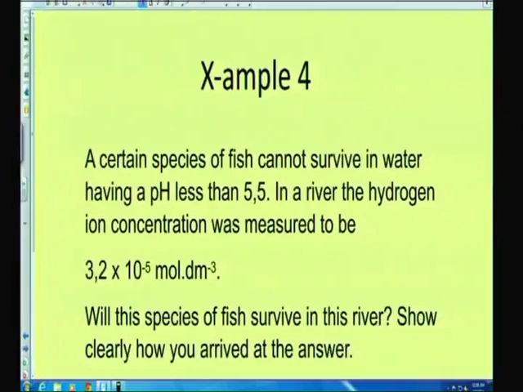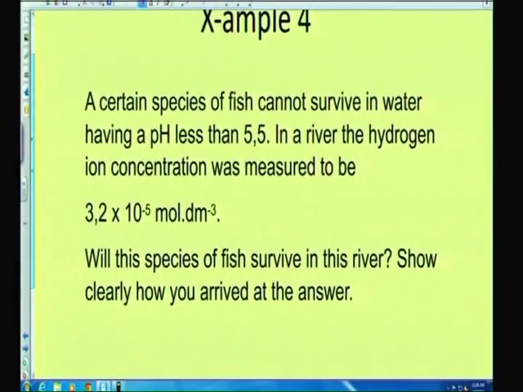Okay, let's move on. Our next question deals with pH. And this is a really interesting idea, because we're going to apply the pH equation here. It says a certain species of fish cannot survive in water having pH less than 5,5.